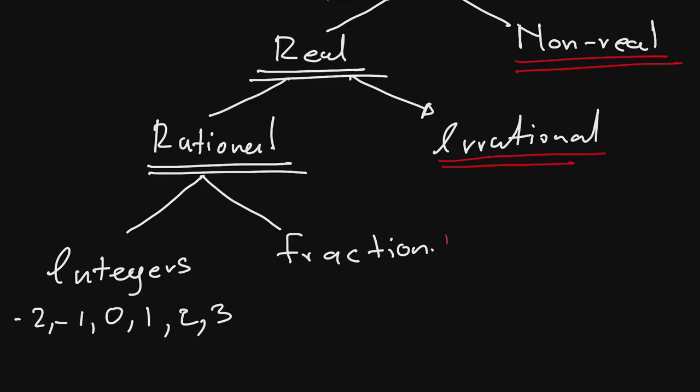So we have the other group, which is called fractions. Now we have two types of fractions. Fractions can be written as decimals, and one type is the decimal that terminates. That means the numbers after the comma just stop after a particular number. That is a terminating decimal.